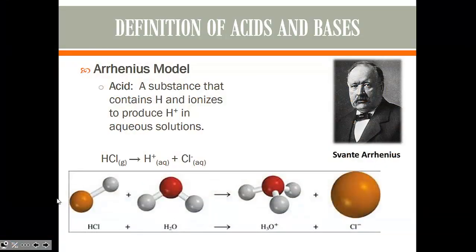Now, the definition of an acid or a base that we have been working on is known as the Arrhenius definition. Arrhenius said that an acid is any substance that ionizes to produce hydrogen ions. So, for example, hydrochloric acid breaks down into hydrogen ions and the chloride ion. That hydrogen ion makes hydronium, again, which is the same as hydrogen ions.